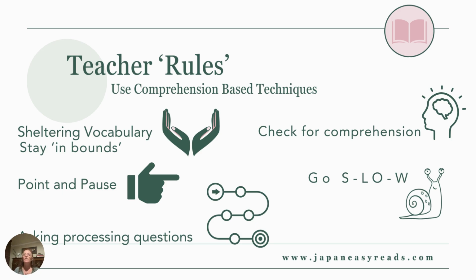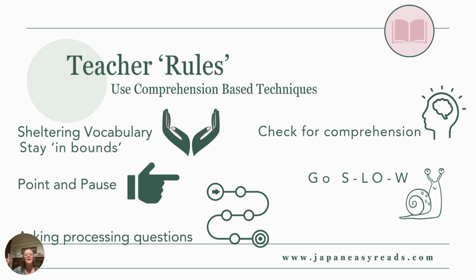So with the TPRS story, we speak, in our case, Japanese, at least 90% of the time, but with understandable language. So as the teacher, I really need to shelter the vocab or stay in bounds. We're using language that the students can understand either with a gesture or with pointing and pausing.